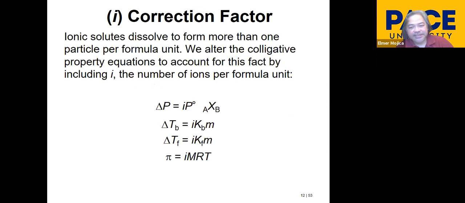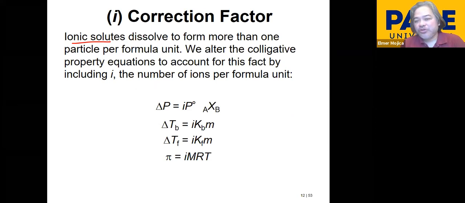But in reality, you have to take into consideration the nature of your solute, especially ionic compounds. What's the problem with the ionic compounds? They form more than one particle per unit.